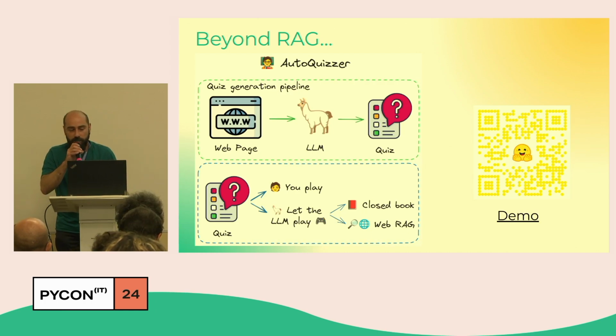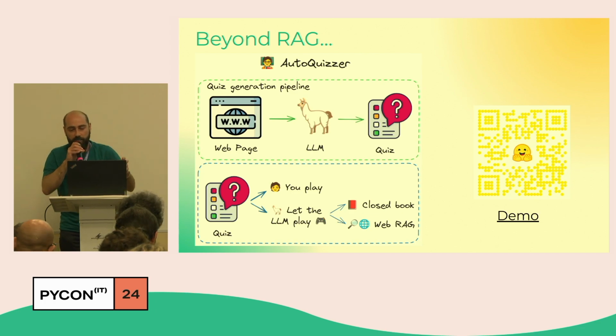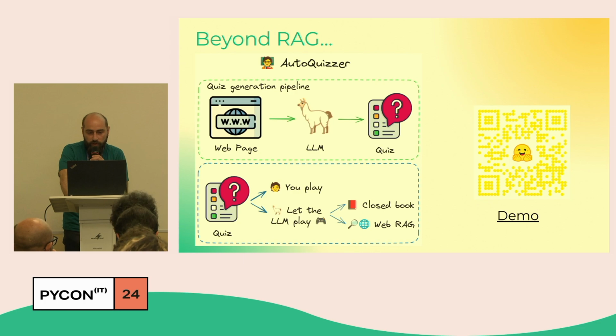So the language model never sees the original source, but can find other related information. So there's a lot of things that you can try and you can build with language models.